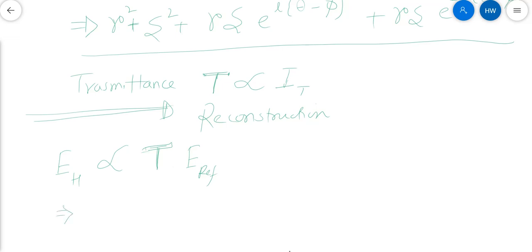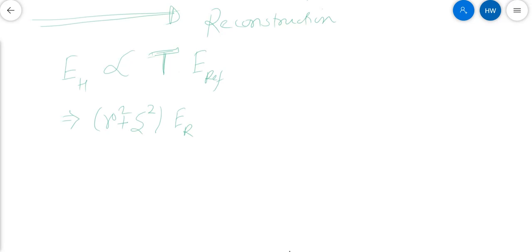So what you get is basically E H is R squared plus S squared times E R, plus R squared times S exponential i omega t plus theta, plus R squared times S exponential i 2 phi times exponential i omega t minus theta.